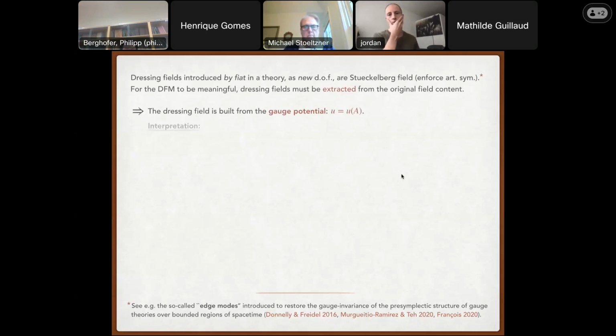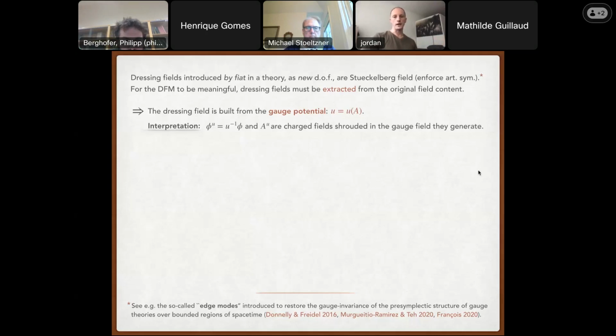So, for example, if you have a dressing field built from the gauge potential, and if you are pressed for an interpretation of what that means, you could say, for example, that the dressed objects are fields that are shrouded in the gauge field they generate, right? For example, the matter field, if it is a charged matter field, you could say, well, it is enveloped in the gauge field it generates.